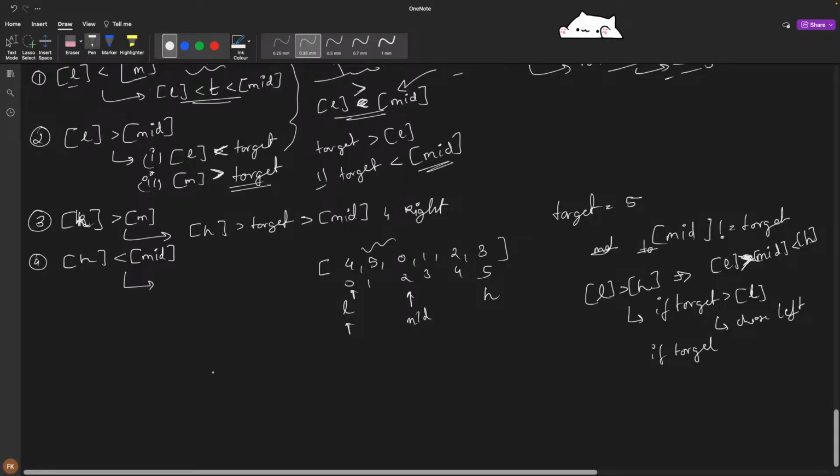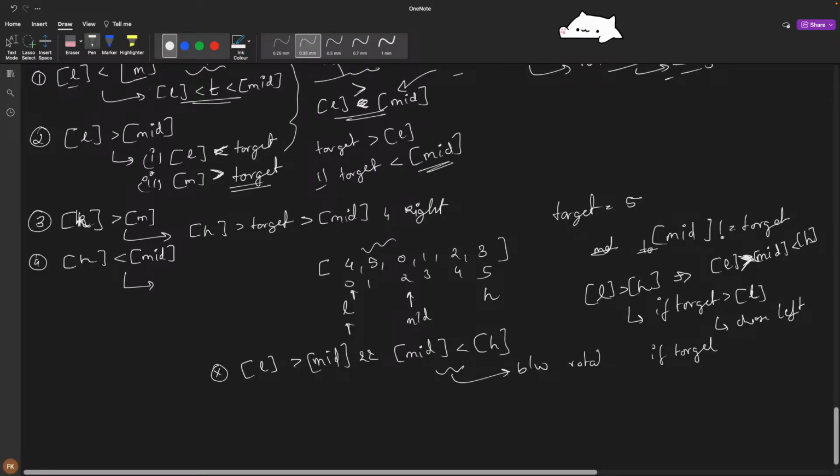Okay, I can put these conditions here as well. If low is greater than mid and mid is less than high, then between these two is rotated. So the highest value could be roaming around here, right?